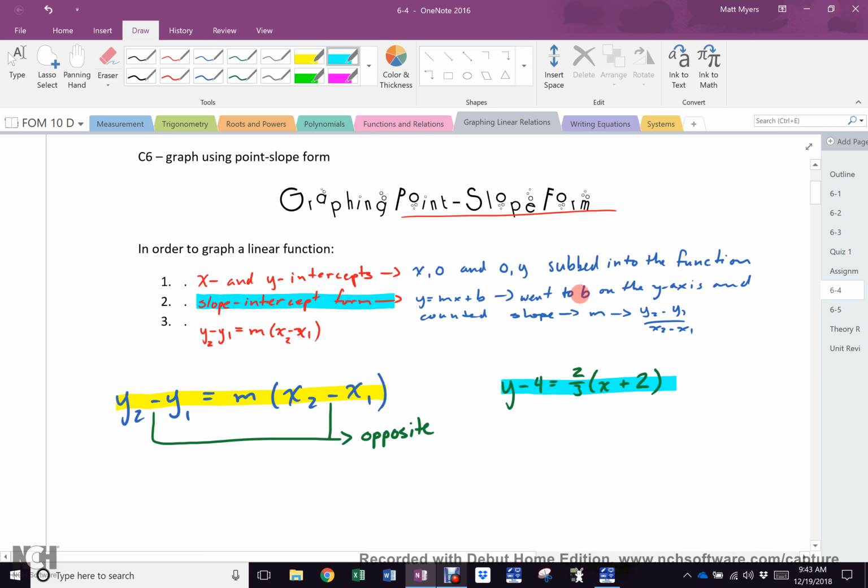I go to the b and I graph, correct? Now, look at this and tell me if you can guess how I could graph this. What are some hints from this that might allow me to graph it without actually thinking about it?